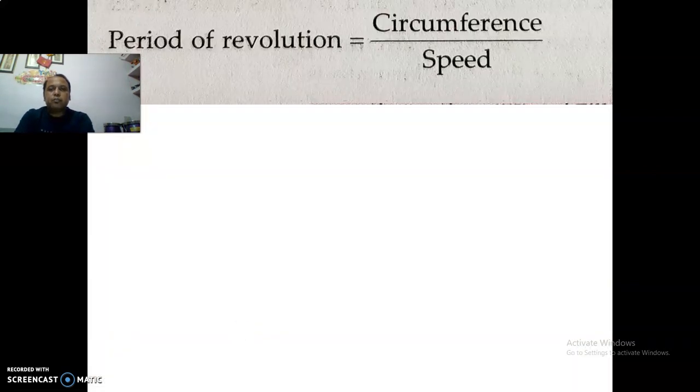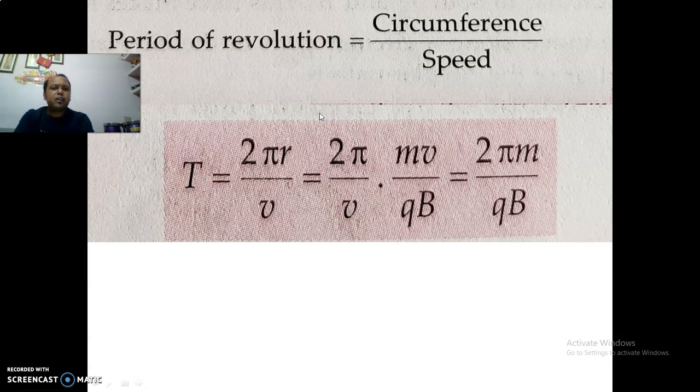Now next we will find the period of revolution. That is, to complete the circular path the charged particle will need a particular time, which will be distance by speed. Obviously it is a circular path, so the distance will be the circumference, which is 2 pi r. So it is 2 pi r by v.